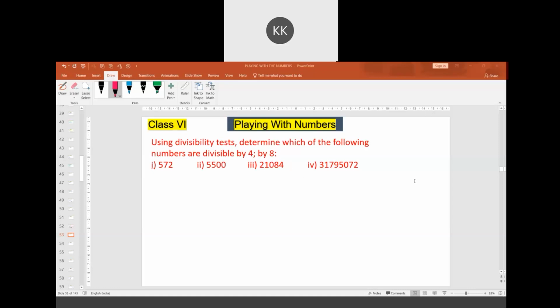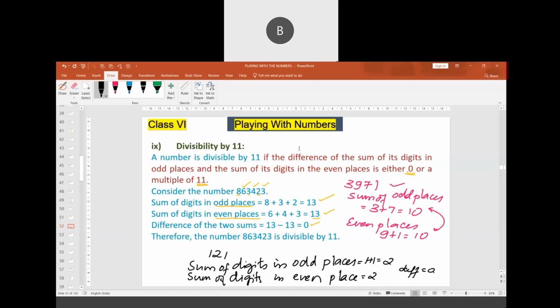Yes, sir, I have a doubt. Yes, Bhuvan, what is the doubt? Sir, divisibility by 11, I have a doubt. Yes, tell me, what is the doubt? Sir, when we add the odd places and even places, the sum of the odd places is 12 and the sum of the even places is 11.